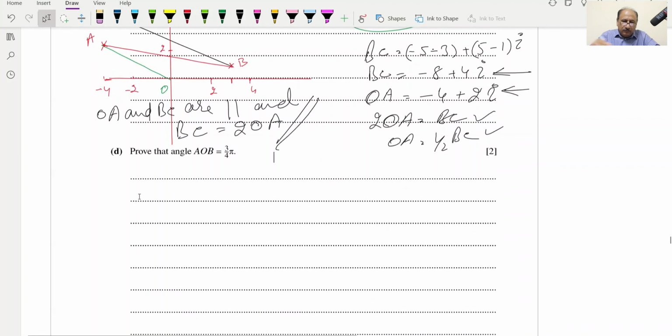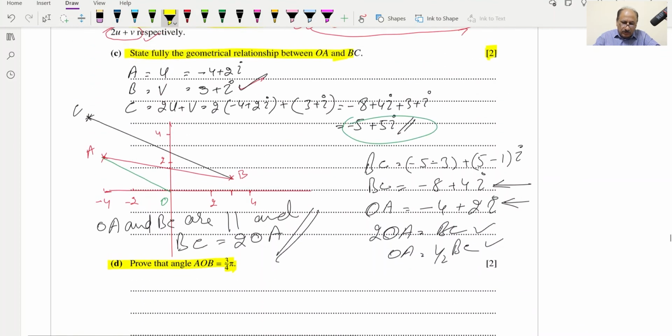Now D part says prove that angle AOB is 3 by 4 pi. So for this one, which angle will angle AOB be? We can join OB as well. If we join OB, AOB will be this much angle. Now we can check for this triangle. Which triangle am I talking about?